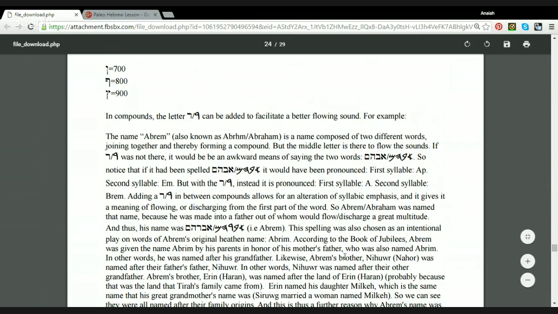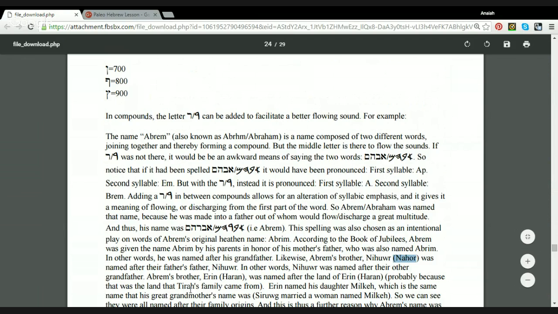Nahor, Abram's brother Nahor. People say it as Nahor, but it's Nahor. He was named after their other grandfather Nahor. And then their brother Aaron or Haran was named after the land of Haran, because that's probably where Terah's family came from.